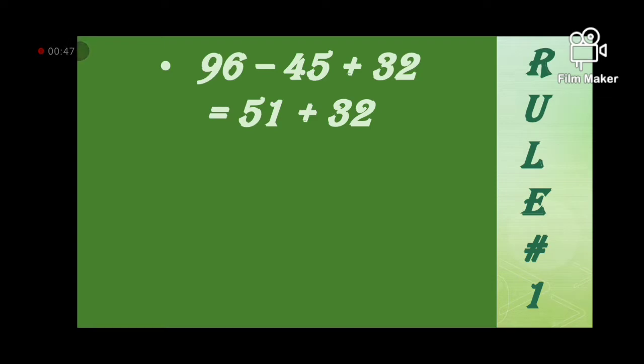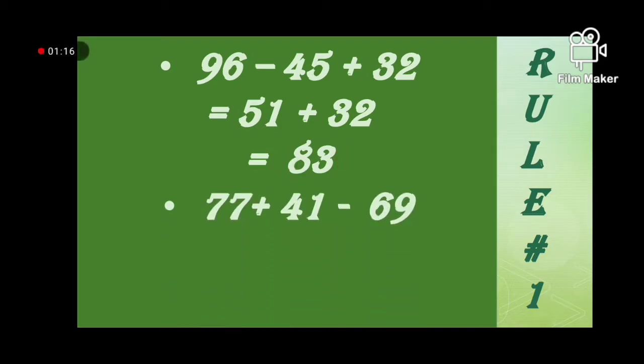According to the sequence, first we have to subtract. 96 minus 45 is equal to 51 and plus 32. In the second step, we will add 51 plus 32, and we will get 83.